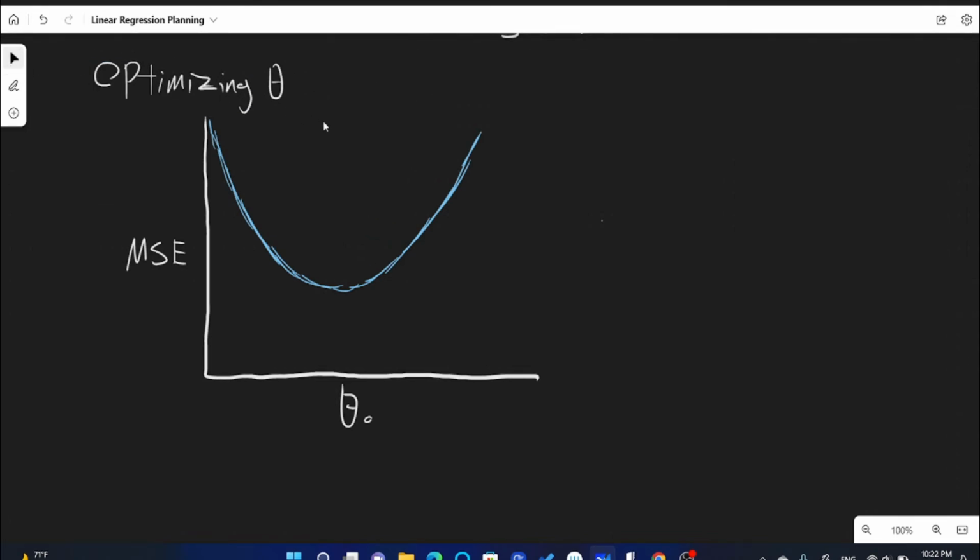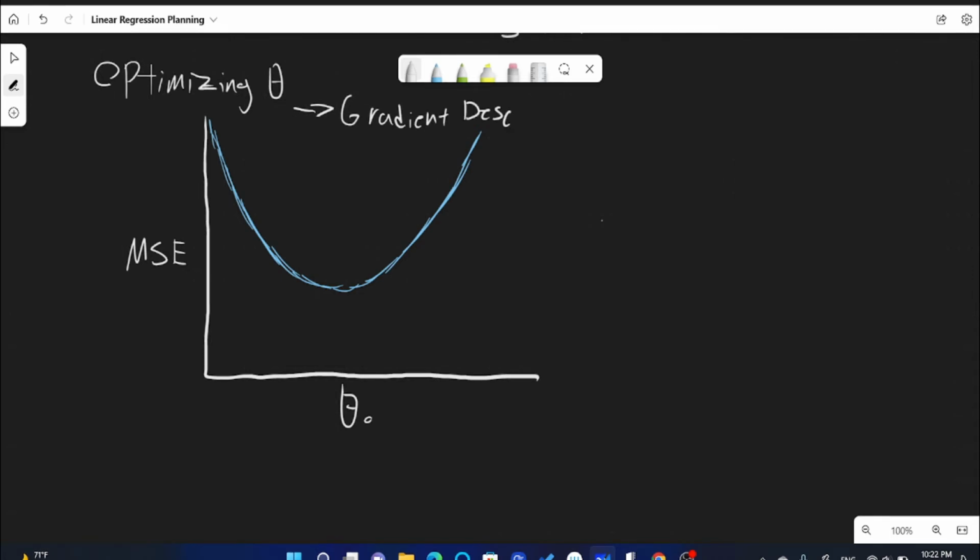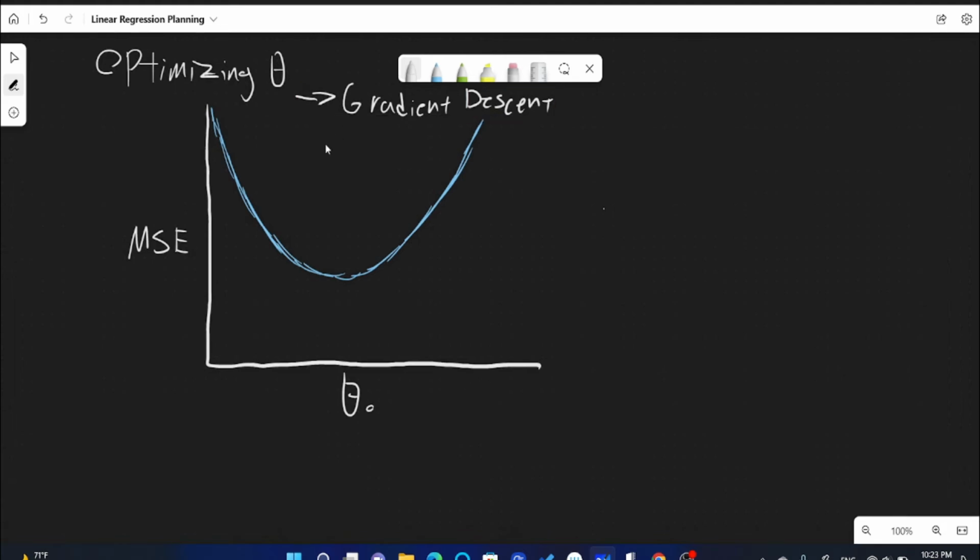So yeah, we're using something called gradient descent. And if you took calculus, you know that gradient is similar to the slope, right? And descent means going downward, and so it means slope going downward. And I'll explain later why this term makes a lot of sense, right?